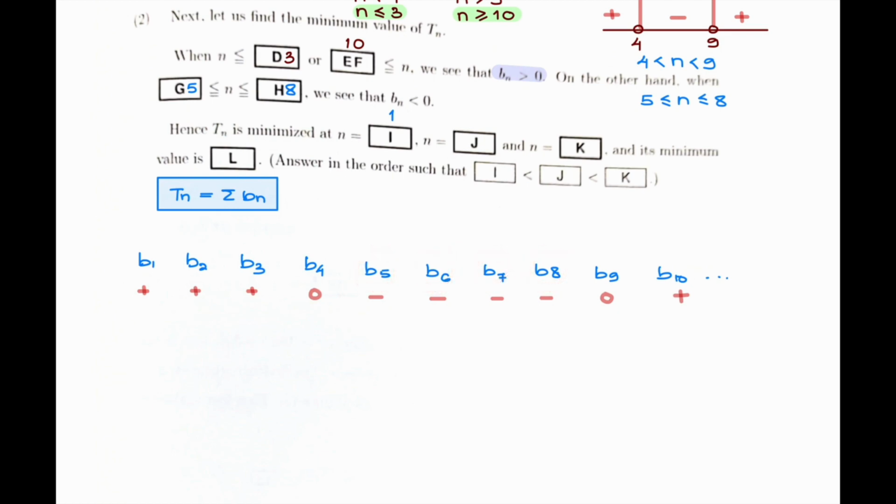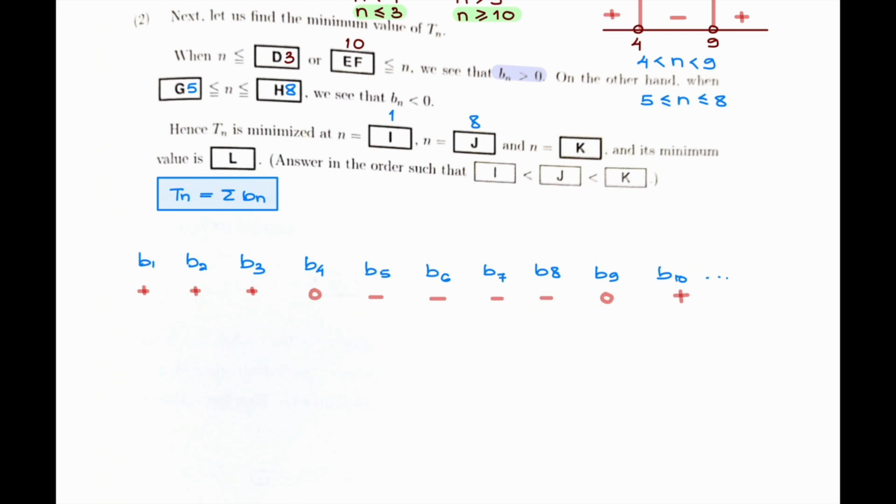So this J is 8. And then the last one is 9, because after you have B8 and then you add it with 0, the value of Tn does not change. So the last value of n here is 9.